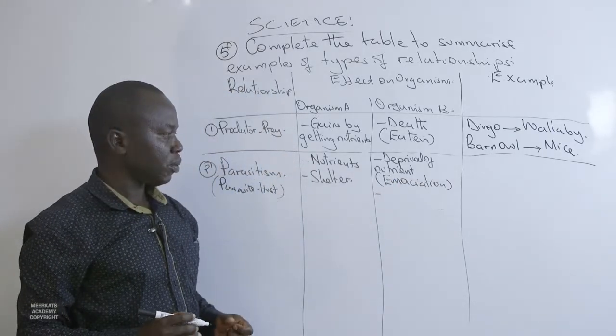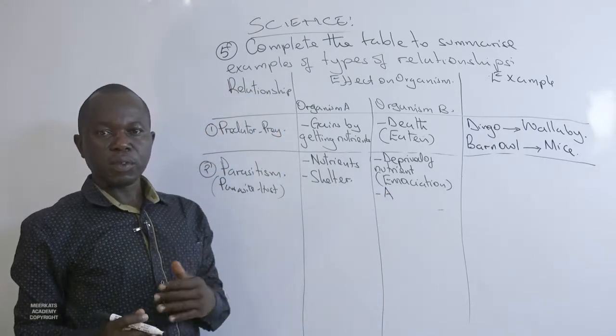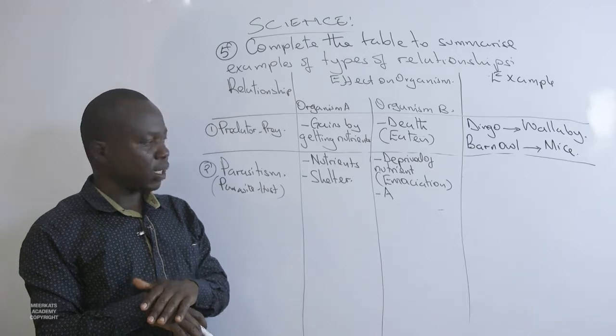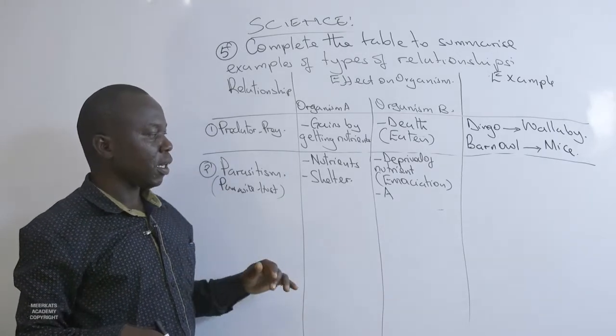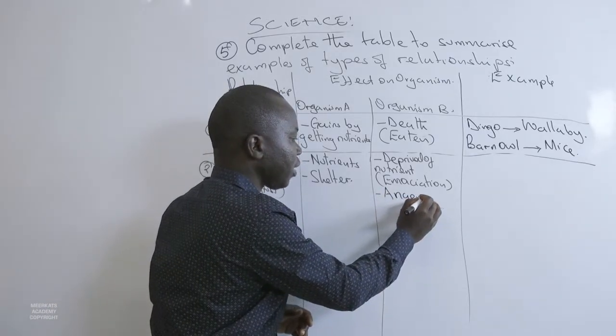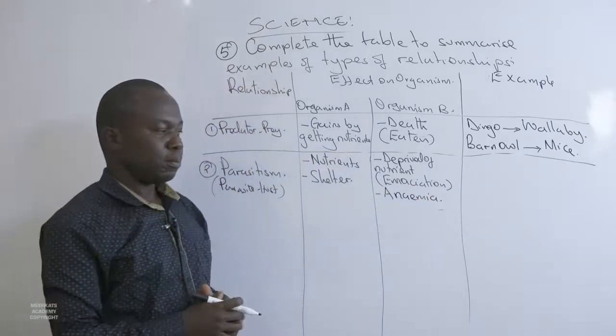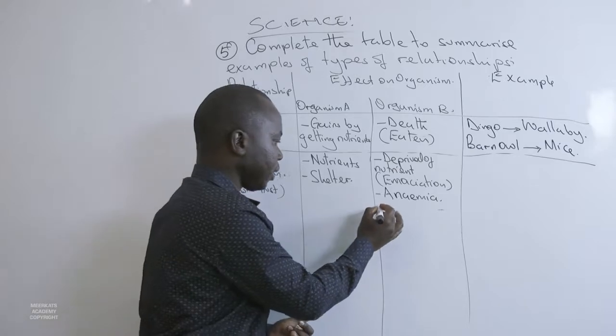This also comes with anemia, because some parasites, if they are going to live on the skin of the other organism, or inside, they are going to suck blood. So it also comes with an effect like organism B, which is the host, getting anemic.